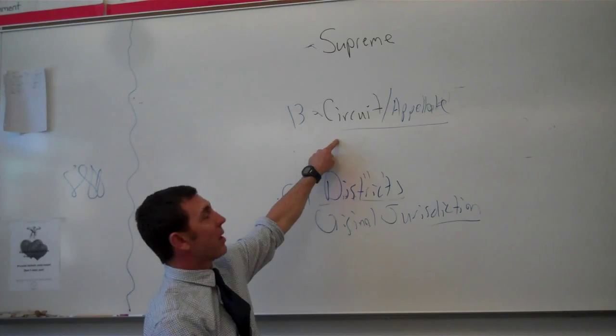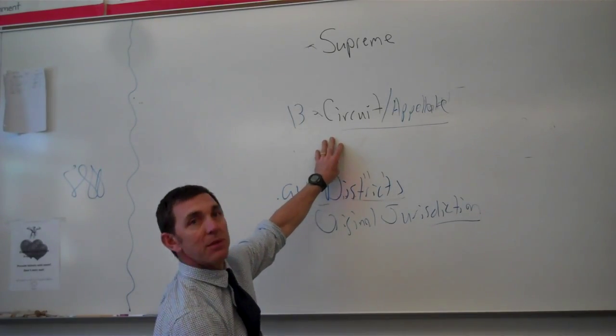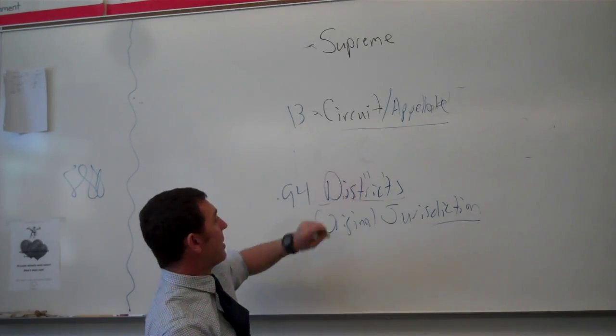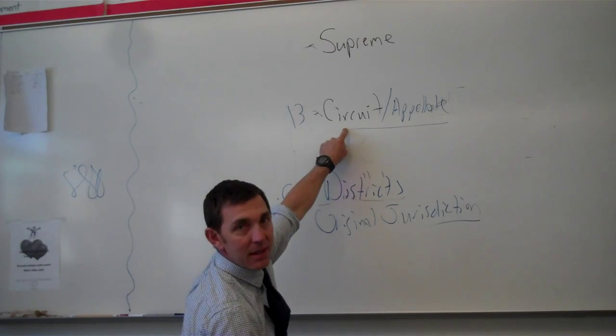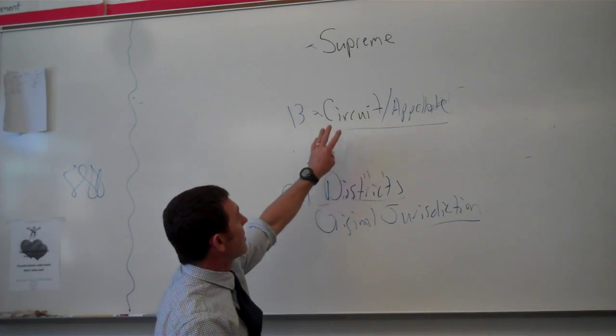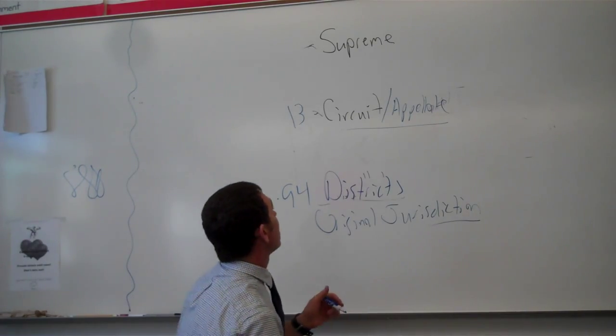The appellate courts, or circuit courts, as the name indicates, have appellate jurisdiction, which means they will hear cases on appeal from the district courts. If somebody loses here, they will appeal to here. The Supreme Court has both types, original and appellate jurisdiction.